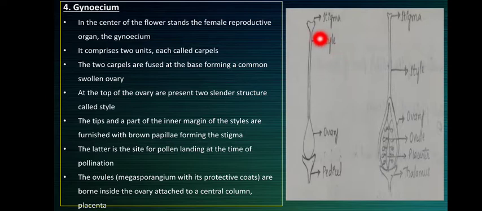The tips and part of the inner margin of the styles are furnished with brown papillae forming the stigma. The latter is the site for the pollen landing at the time of pollination. The ovules are borne inside the ovary, attached to a central column called the placenta.